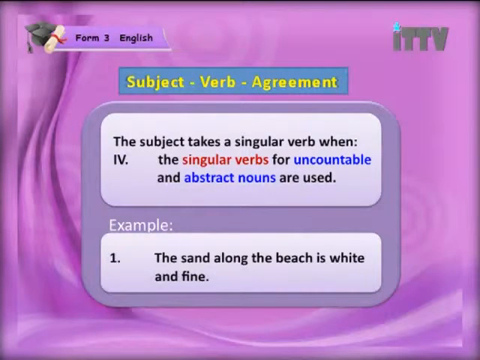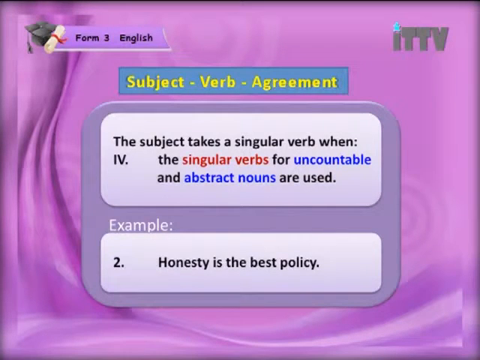Now the sand is uncountable. You can't count sand. So that is uncountable. Next example. Honesty is the best policy. That's an abstract noun. Next, prevention is better than cure.